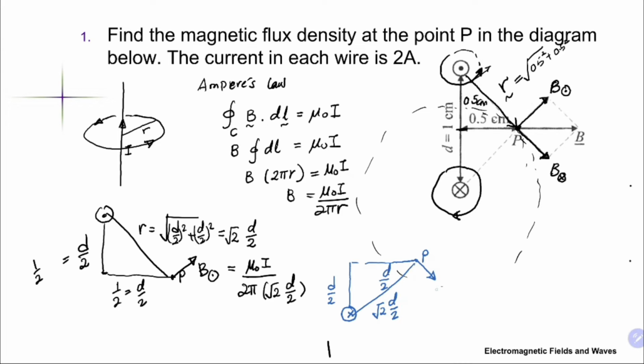Therefore the flux here is also mu naught I over 2 pi root 2 d over 2. Then you can work out the resultant, or the sum, of the two magnetic flux densities.